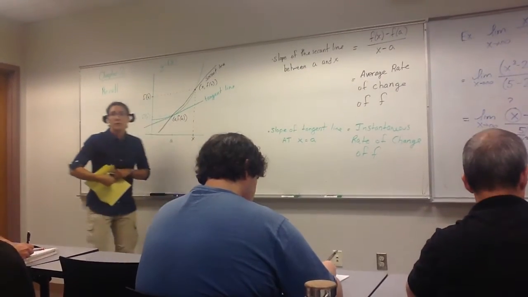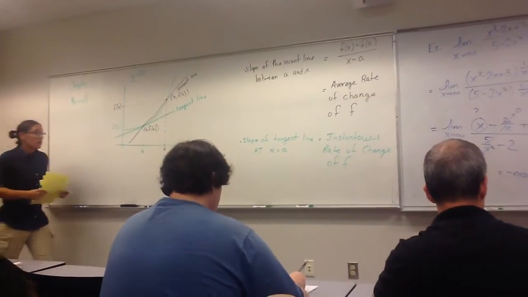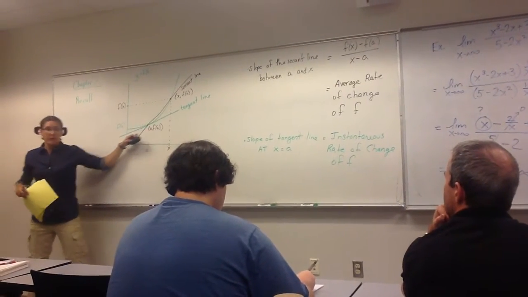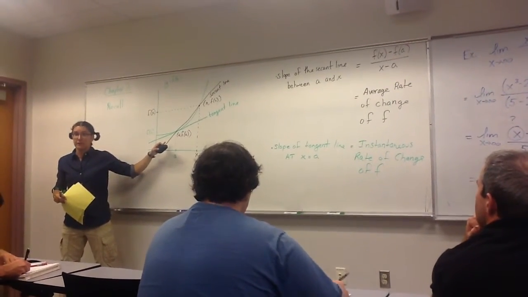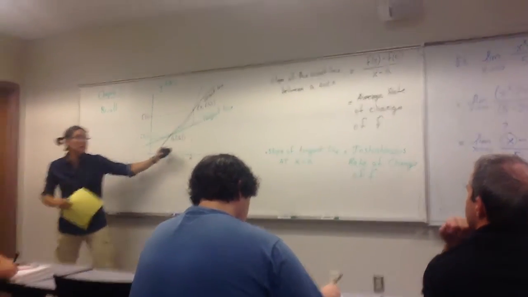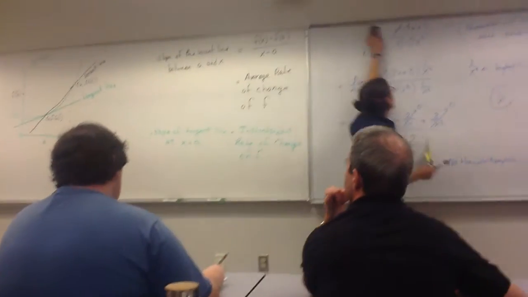Now, up until now, we have not really had a way to describe the slope of this tangent line with a formula. But now that we've talked about limits, we can do this. Check this out.